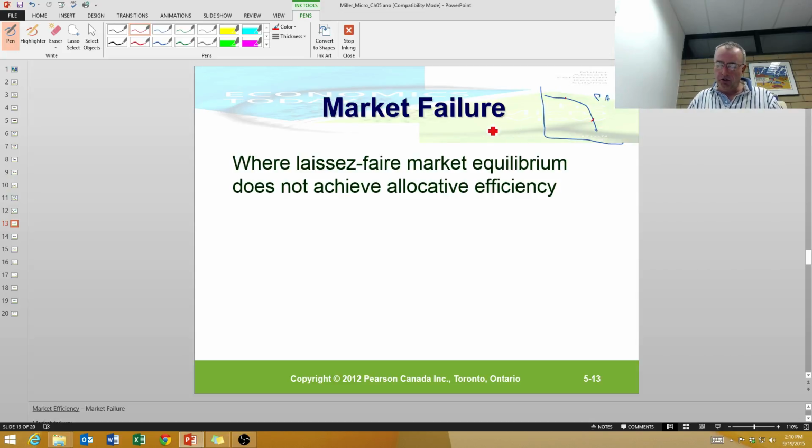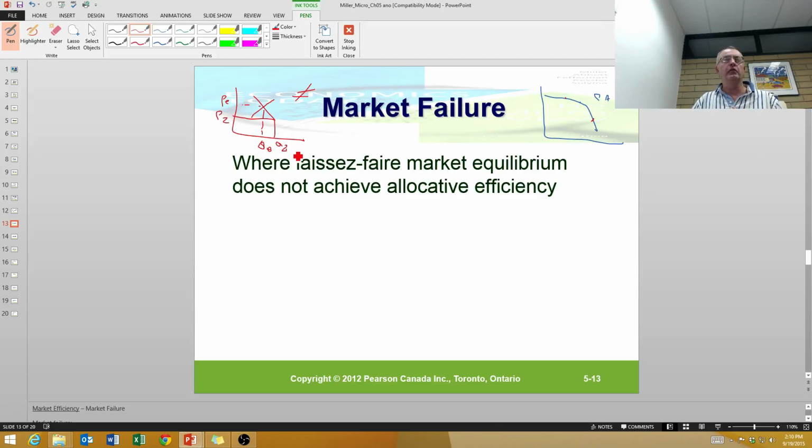Okay, so we arrive at a situation of so-called market failure when our price and quantity are not set by forces of supply and demand. So instead of being at price equilibrium, instead of being at this quantity, we end up at another quantity, quantity 2, and the price is 2.